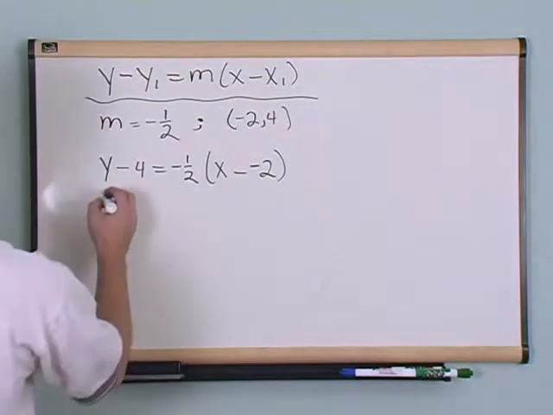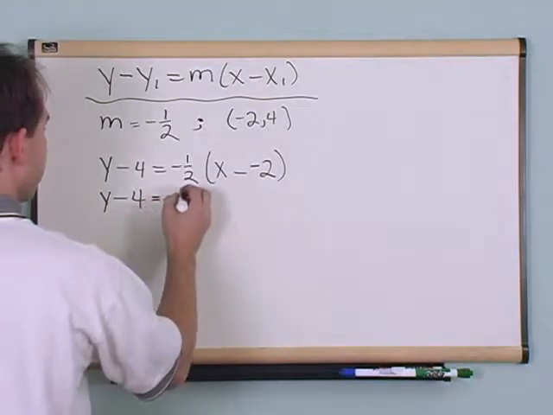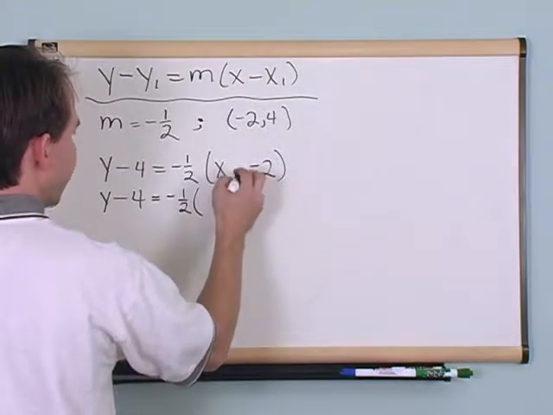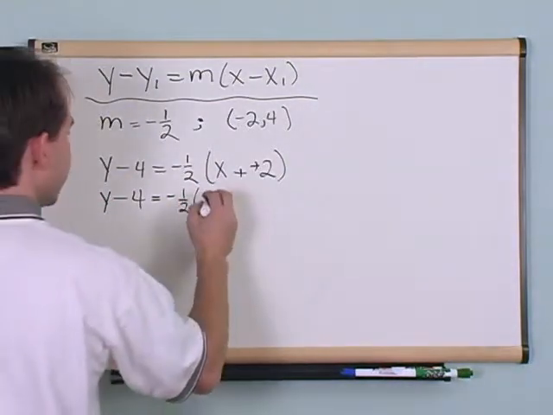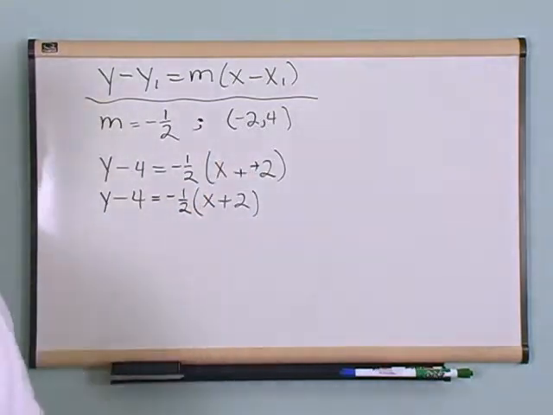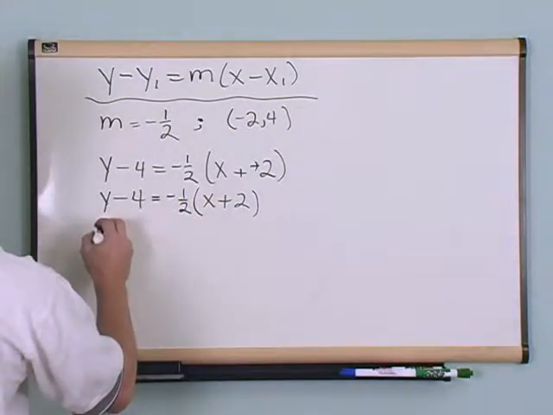Okay. Next step, y minus 4, haven't touched that, equals negative 1/2, haven't touched that. All I'm going to do is add the opposite in here. So I've got x plus 2. Remember, anytime you have minus a negative number, you can just add the opposite. You get x plus 2 in there. Next, I'm going to distribute this 1/2 in.